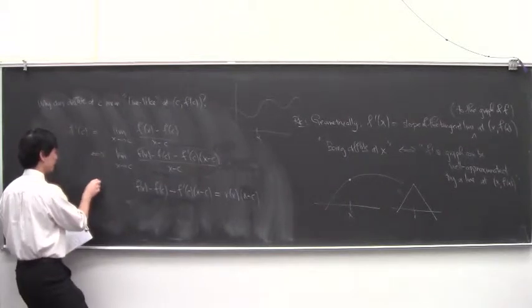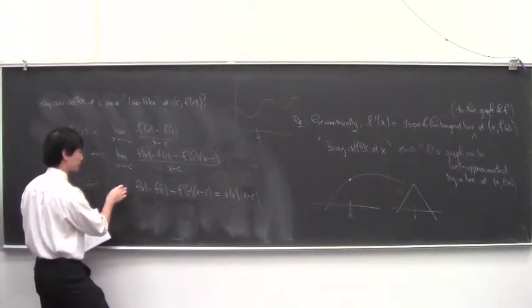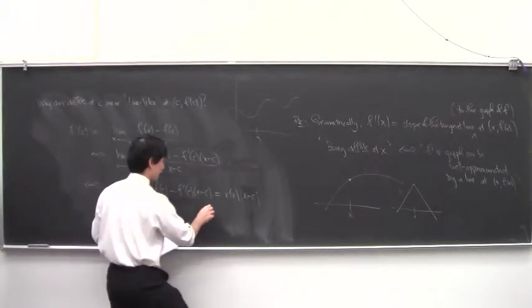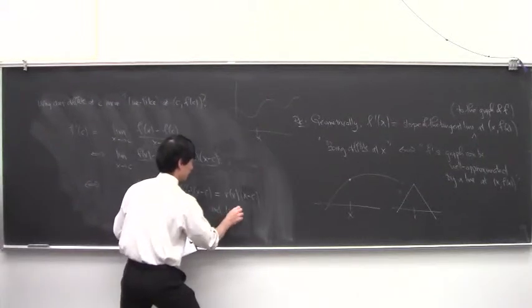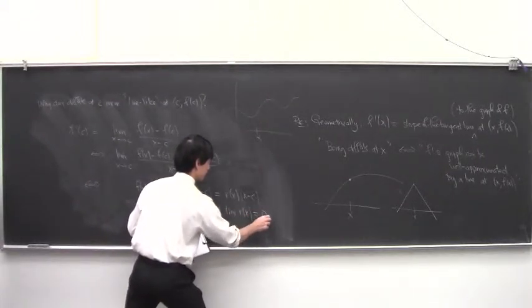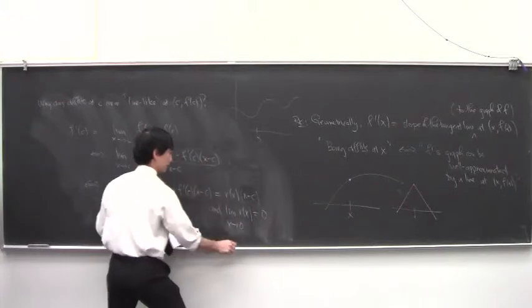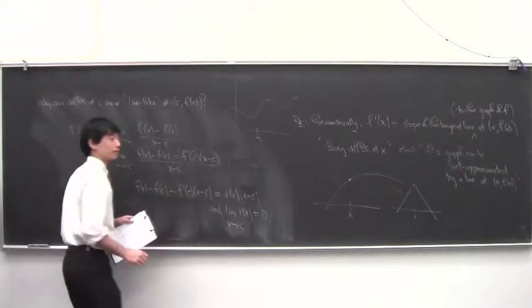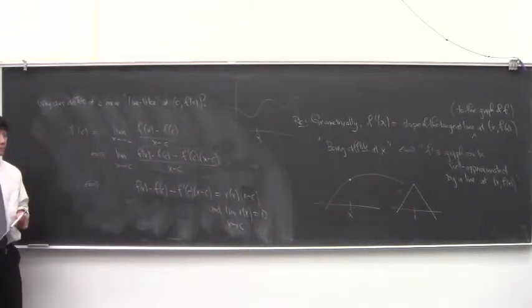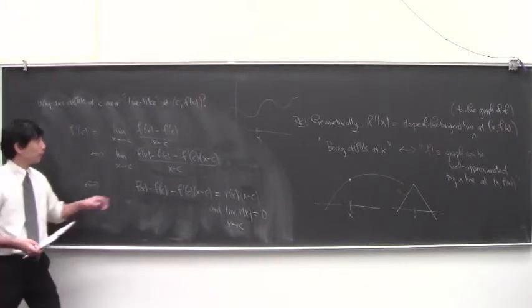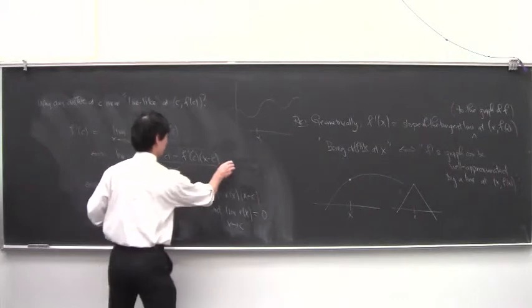So what I'm saying is that this equals this, and the limit of r of x is 0 as x goes to c. How do you know that? Because r of x is this.